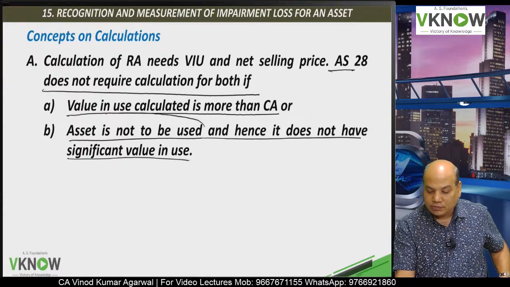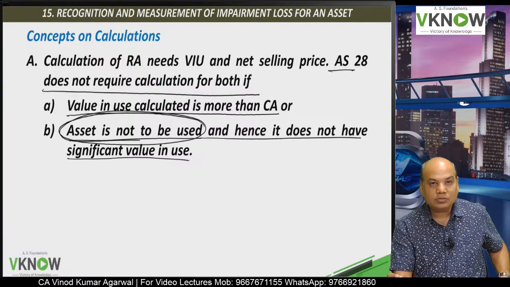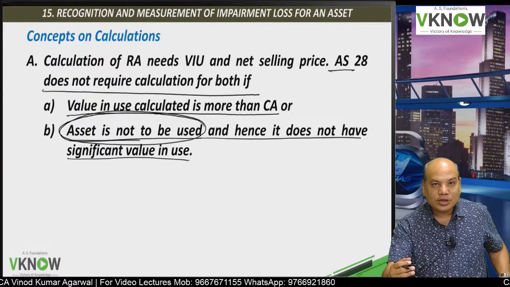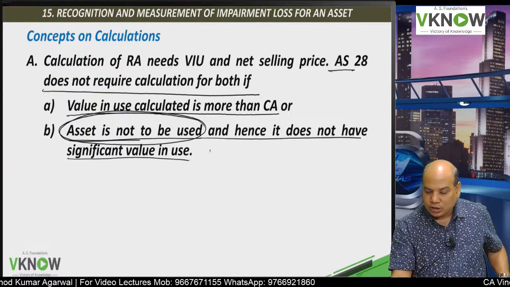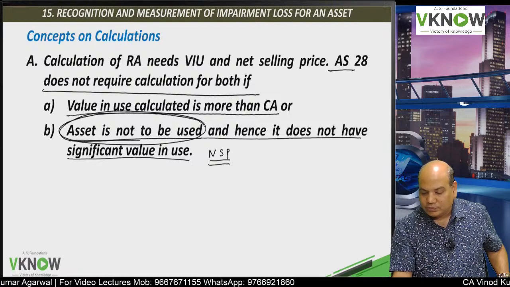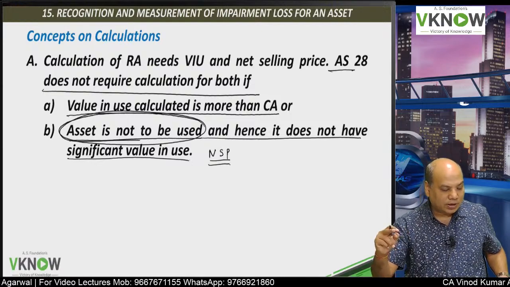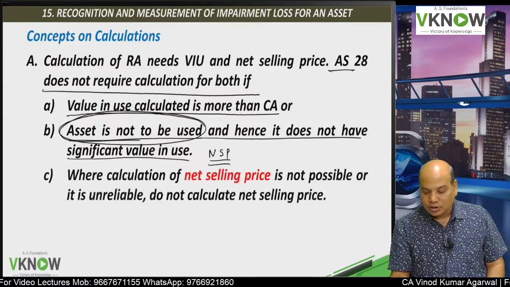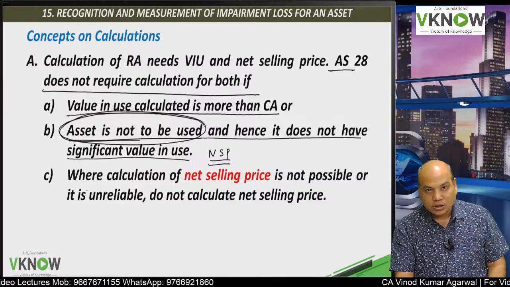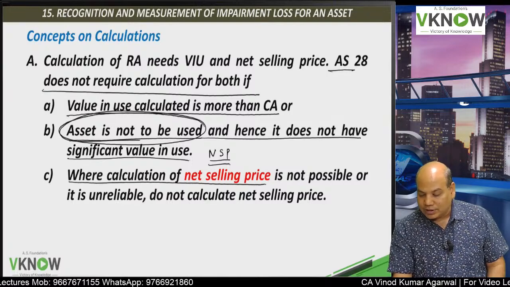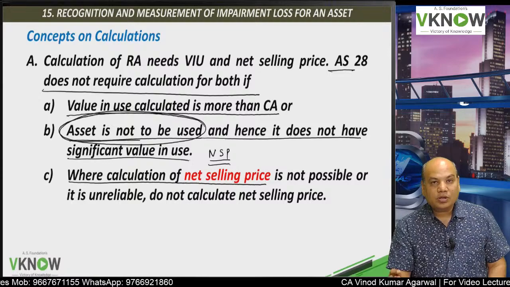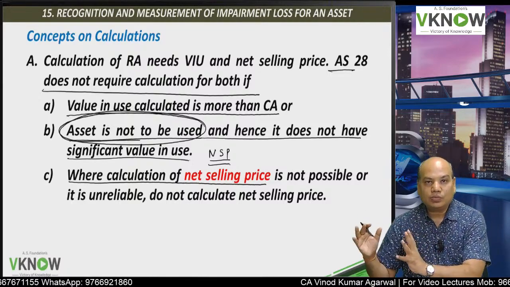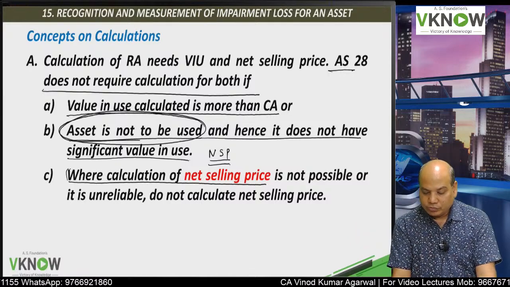For those assets which are not required to be used now, it does not have value in use. Then I need to only calculate net selling price. So for the asset which has been retired from use, I will compute only net selling price. And third is where calculation of net selling price is not possible. The asset may be of such nature that you are not able to find its net selling price.